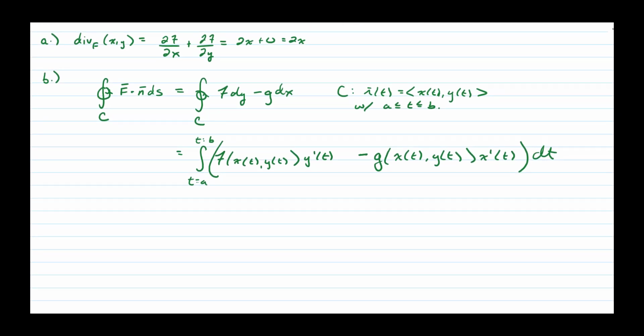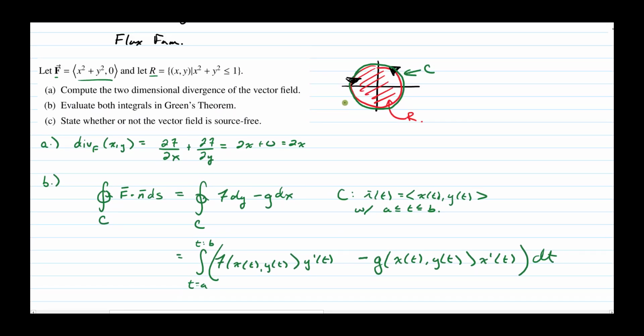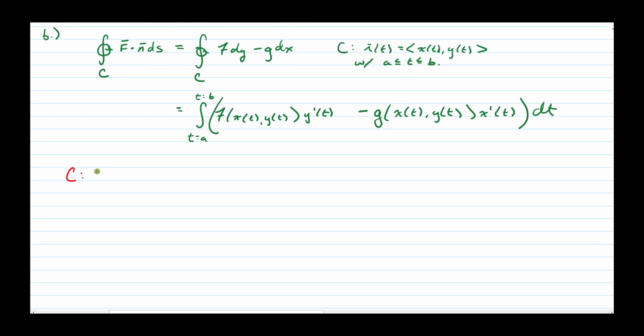So now we just need to give our parameterization of our boundary curve, C, and in this case, since our region is the unit disk and our boundary is that green unit circle there, a parameterization that we could use is r of t is equal to cosine of t, sine of t on the interval from 0 less than or equal to t less than or equal to 2 pi.